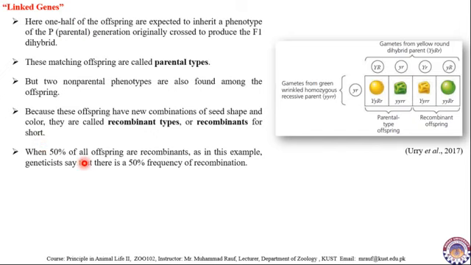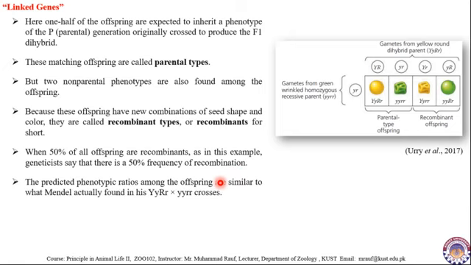When 50% of all offsprings are recombinants, as in this example, geneticists say that there is a 50% frequency of recombination, means in some of the gametes, some of the cells that underwent meiosis, crossing over took place, and in other cells there was no crossing over.